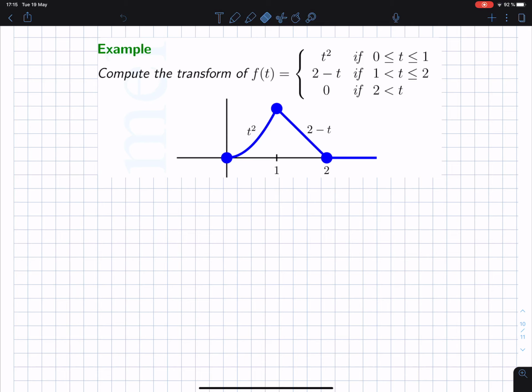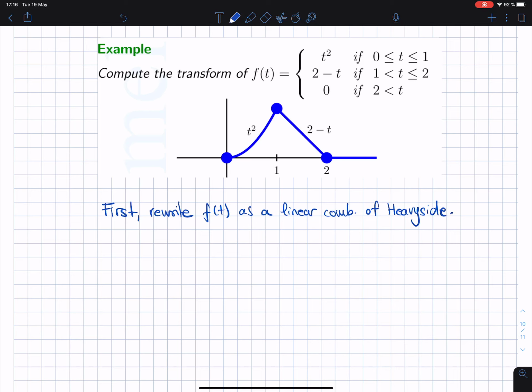Now, we want to compute the Laplace transform of this function. The way to compute the Laplace transform of this type of function is first to rewrite f(t) as a linear combination of Heaviside functions.